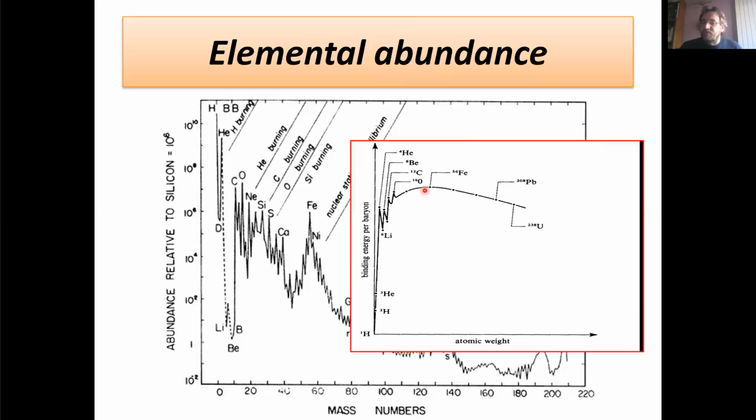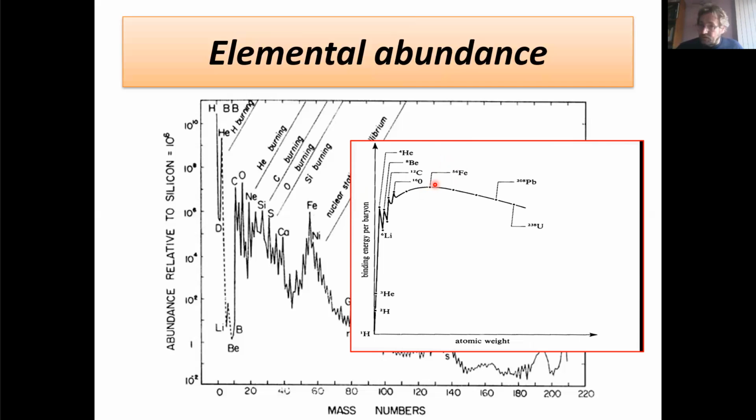Because iron-56, this is not exactly true. What is really true is that nickel-62 has the highest binding energy per nucleon, a bit higher than this here, but it's behind. The reactions from iron to nickel-62, at least with protons, are such that the energy you gain is basically negligible.